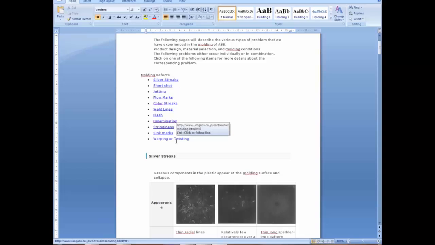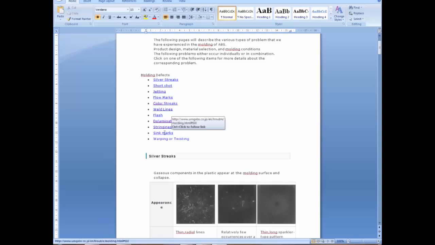There are some common types of defects here, like silver streaks, short shot, jetting, which I have already told you about, the zigzag lines over there. Then flow marks, color streaks, weld lines, which I have also described. Flashes also come under defects.